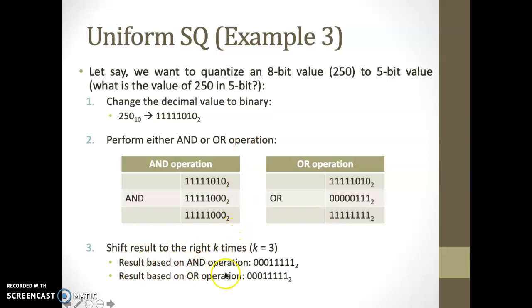So you shift the result to the right 3 times, 1, 2, 3, and you get this. Same goes here. You shift to the right 3 times, then you get this. So either you use AND or OR operation, you will get the same output.